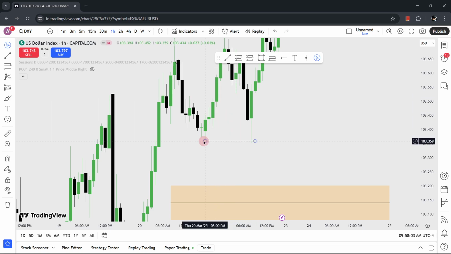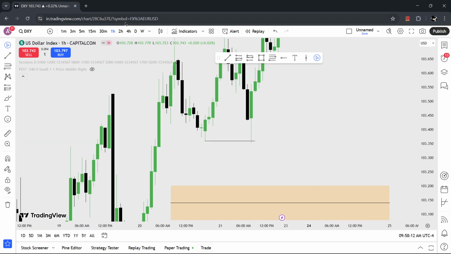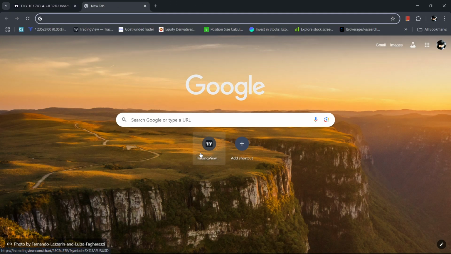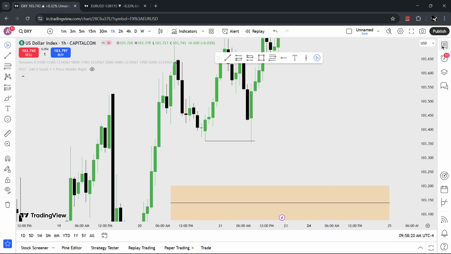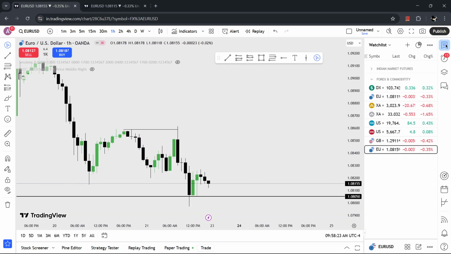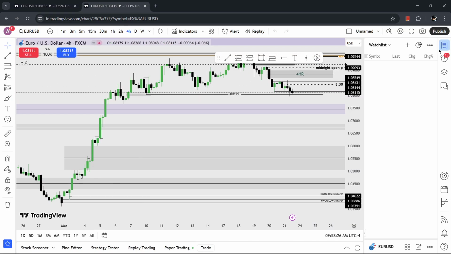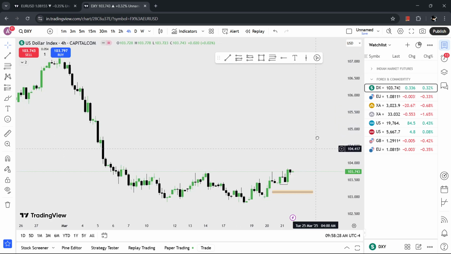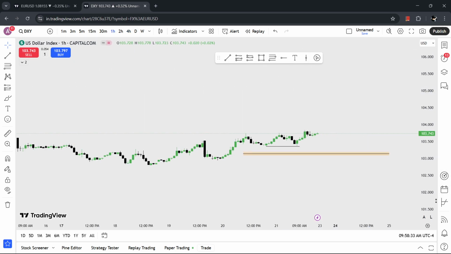This is the 20th March 2025 low. I will just open another chart on TradingView so that it is easier for us to identify. In this chart I am going to put Euro, and in this chart I am going to put the dollar index chart, on the 1-hour chart.